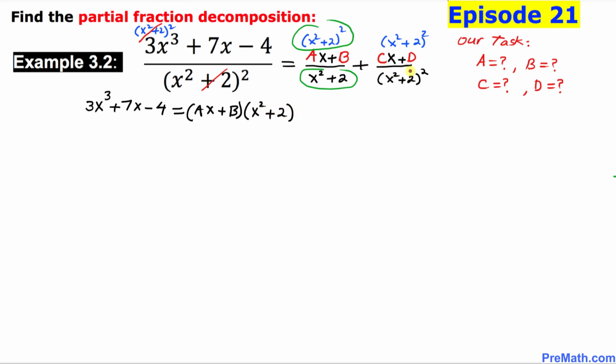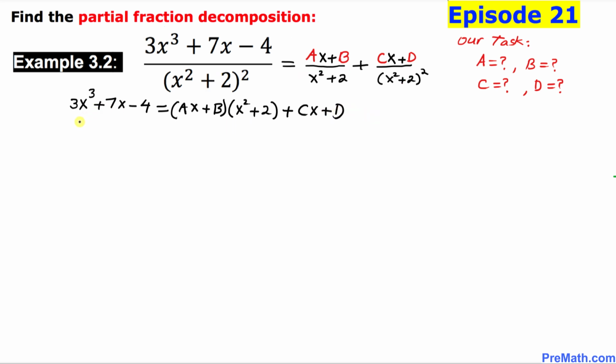And finally, this x squared plus 2, squared, crosses out with this x squared plus 2, squared. So we are just left with plus cx plus d.